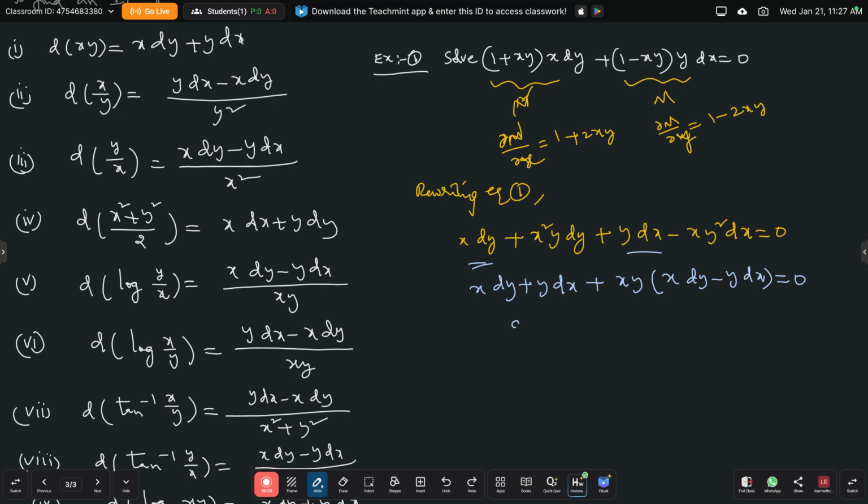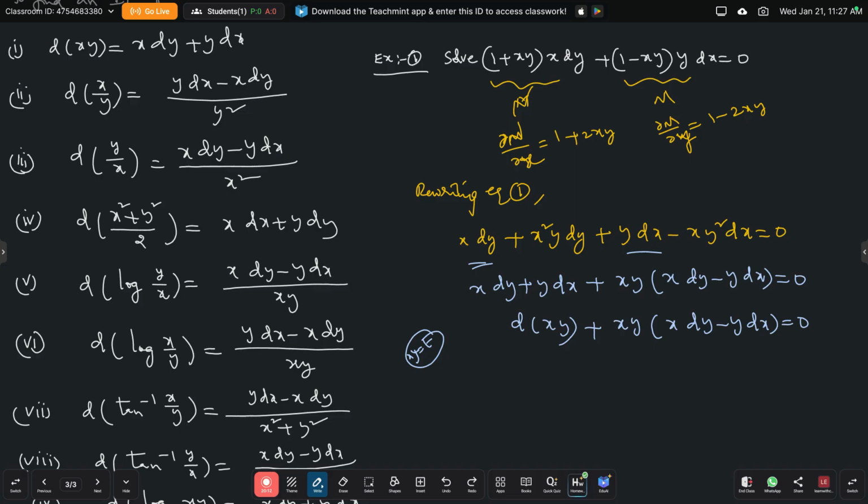Now the first two terms here, this is d of xy. That is very clear. Plus let us keep this as it is, xy into x dy minus y dx. Now what I am doing here is I am dividing this entire equation with x square y square. What is the advantage? If I take xy as a single unit, let us take xy equal to some t, for example, then when I divide with t square, that is x square y square, you have dt by t square form, which is now purely treated as a single unit, a function in t.